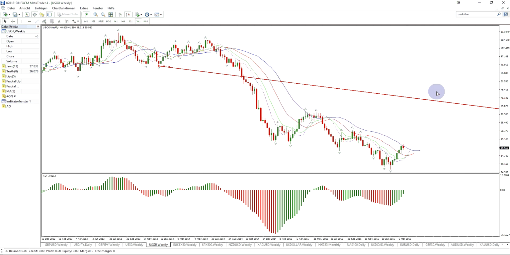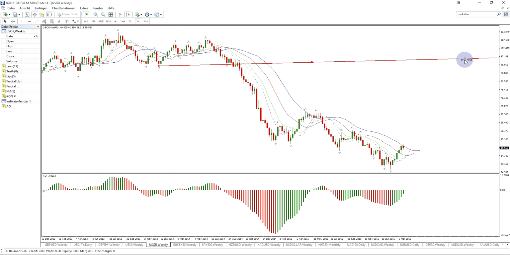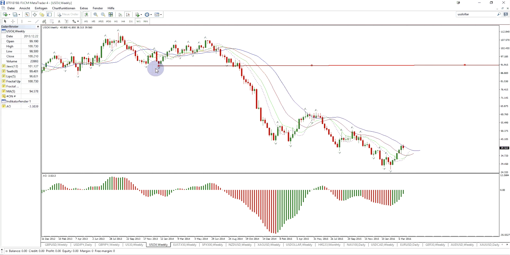Right at this line, you do have important support marked by all of those fractals, not just those two and this one over here, but historic fractals right there will tell us that this is a very important price level. If that is broken, you do have a chance for oil moving down further, and this is exactly what happened here.